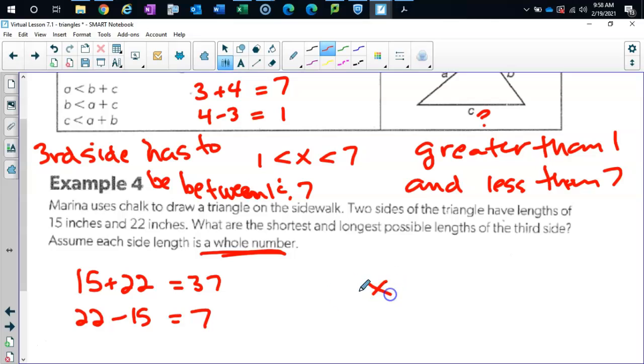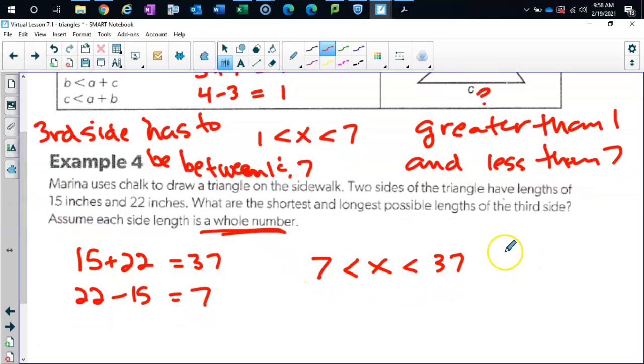So our third side, x, has to be greater than 7. Always put the smallest number down here. And less than 37. Okay, so our third side, which we don't know, is going to be somewhere between 7 and 37. Now, that's the triangle inequality theorem. They're telling us that our answers have to be whole numbers.